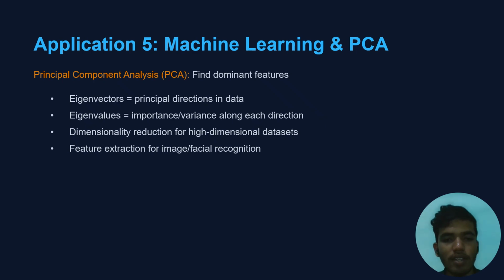Eigenvalues give the principal variance along each direction. As we discussed, it doesn't change direction. Dimensionality reduction for high dimensional data sets, as we discussed with normalization, and also feature extraction for image and facial recognition.